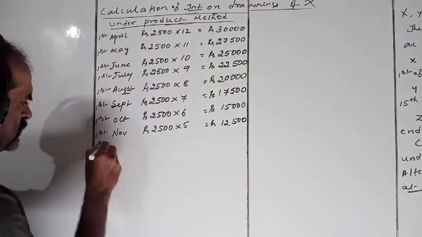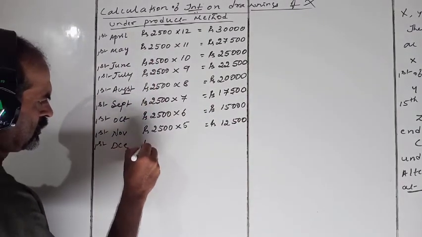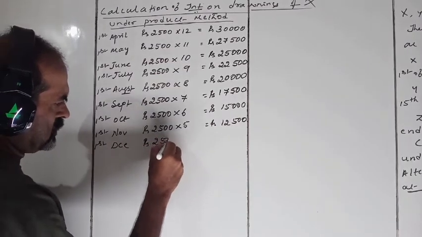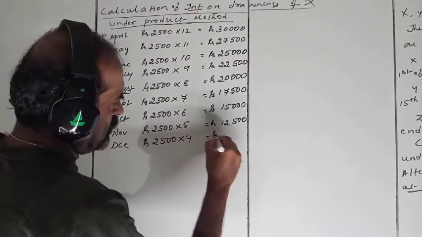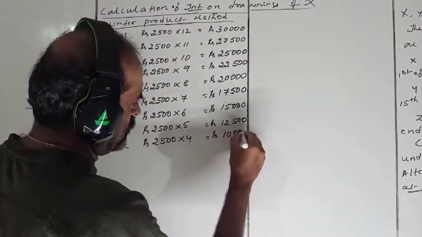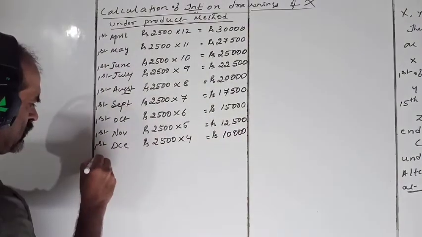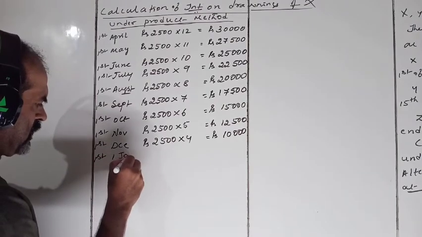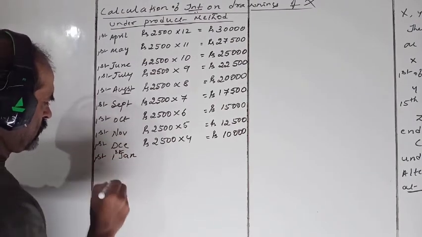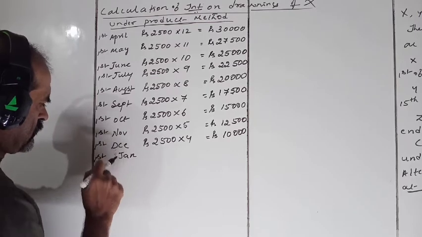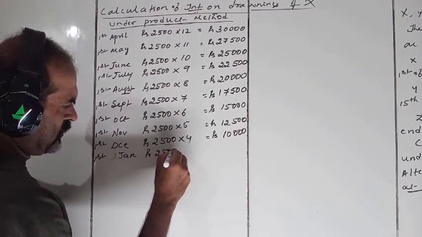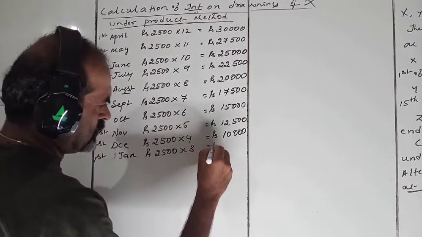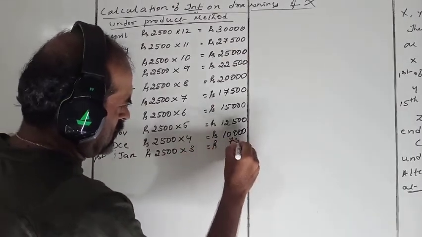The 1st December, rupees 2,500 into 4 months, rupees 10,000. The next drawing on 1st January, rupees 2,500 into 3 months, 7,500.